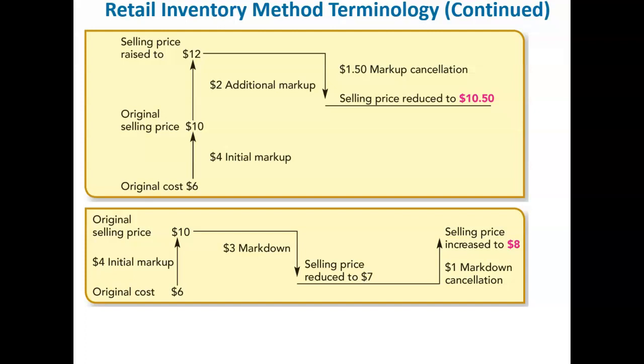We refer to the net effect of the markdowns and markdown cancellations as the net markdown. $3 minus $1 equals a $2 net markdown in this example. The bottom illustration depicts this possibility. When applying the retail inventory method, net markups and net markdowns must be included in the determination of ending inventory at retail.